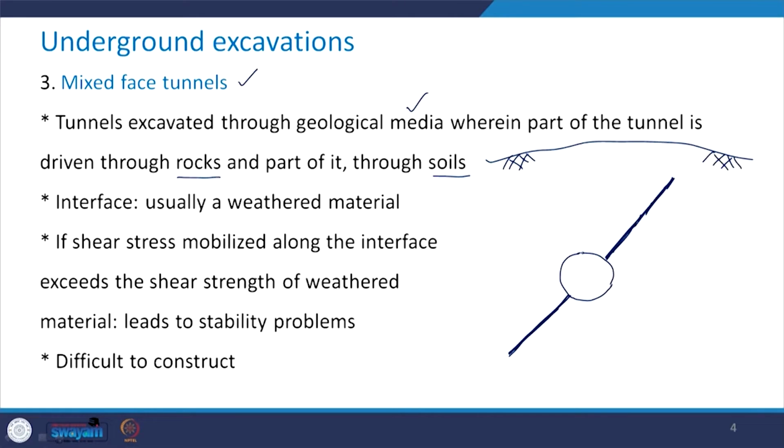The topmost point of the tunnel is called the crown of the tunnel, and the bottommost point is called the invert of the tunnel. So, from this top point, the height of the ground is h, which is called the overburden.